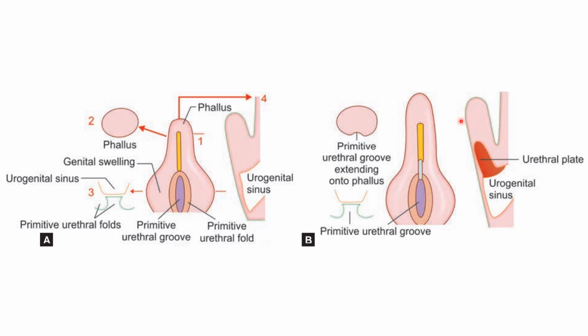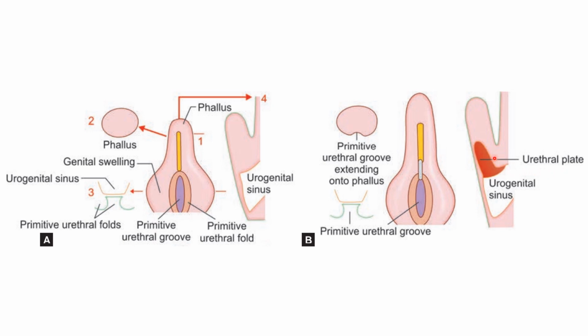Now in figure B, what happens? The phallus, the penis, has enlarged. The primitive urethral groove is beginning to extend onto it. You can see the primitive urethral groove, and this groove is extending into the phallus. Then a solid mass of endodermal cells derived from the urogenital sinus extends into the phallus.